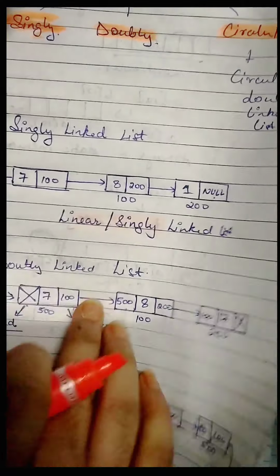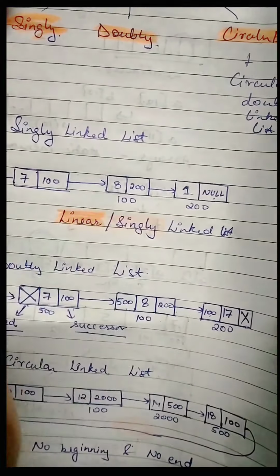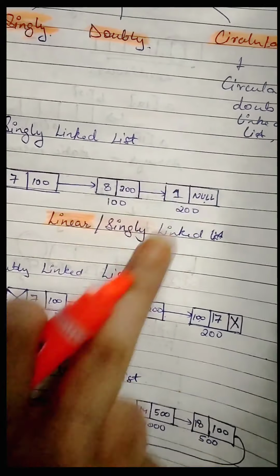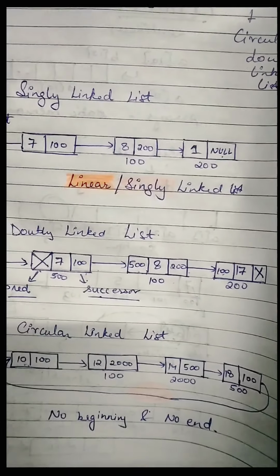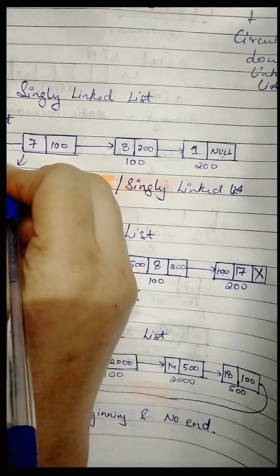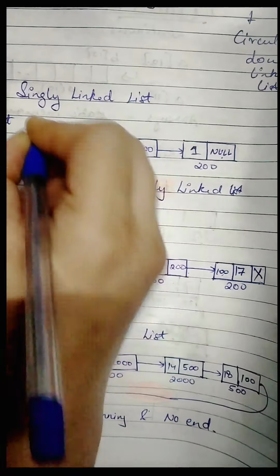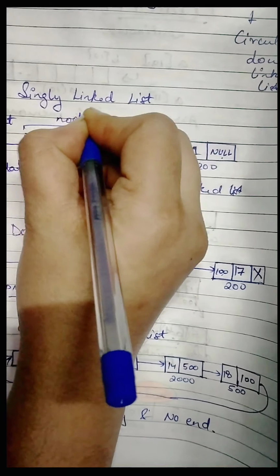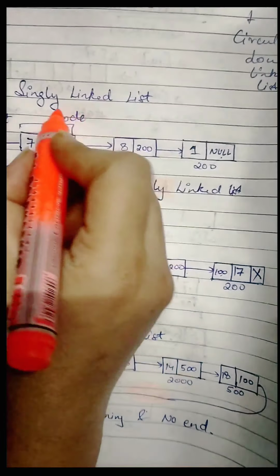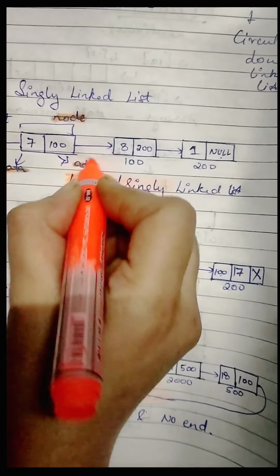Your singly linked list is also called linear linked list because it is simply the one which will have start and the end. It will consist of just two parts, that is the data as well as the address. This whole is called a node. Remember this point. Node consists of data and address.